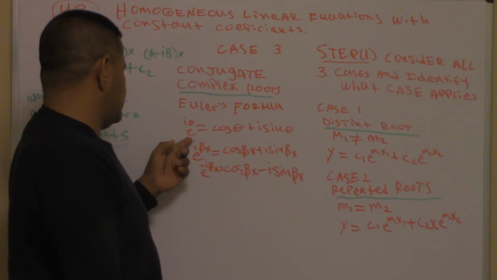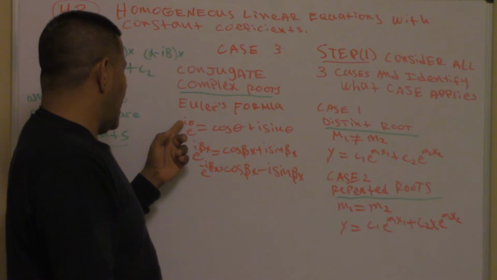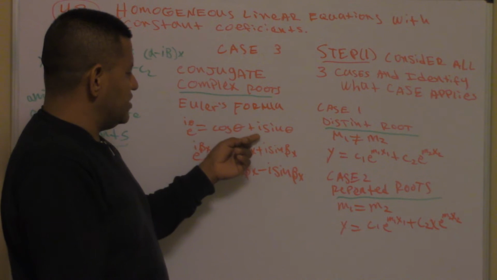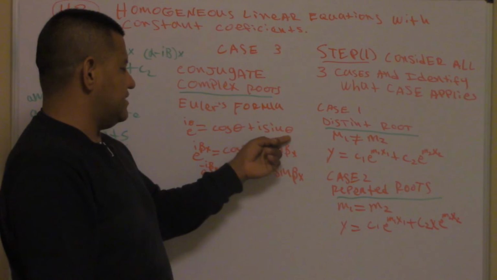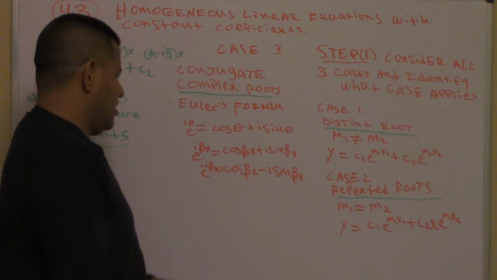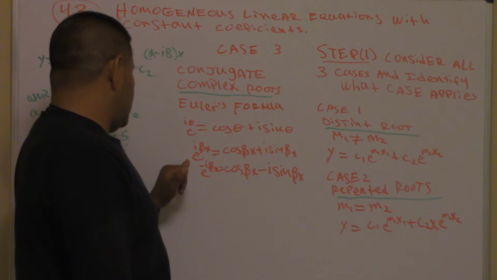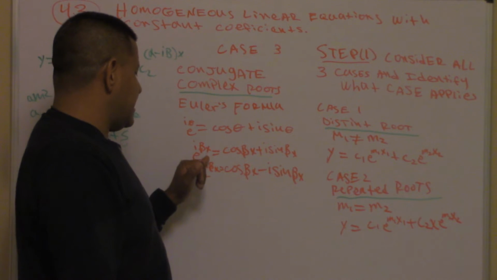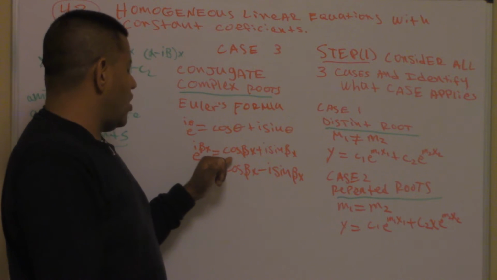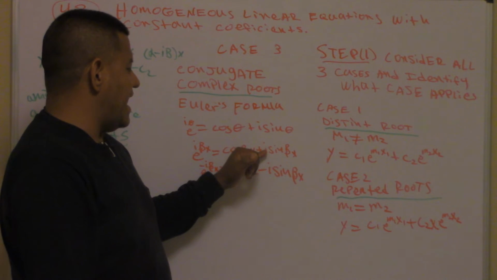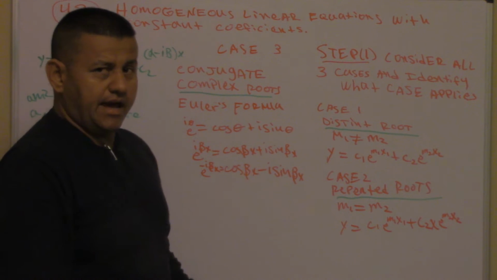Euler's formula is e to the i theta equals cosine theta plus i sine theta, which translates to e to the i beta x equals cosine beta x plus i sine beta x.